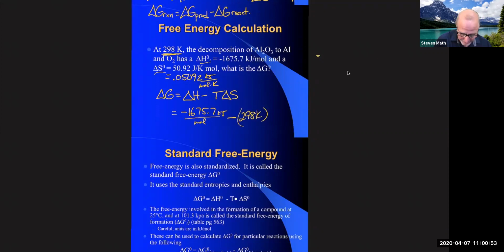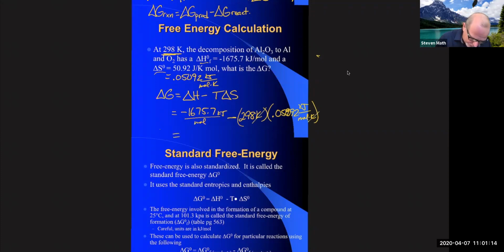These have to be in Kelvin. And S, which we just converted, 0.05092 kilojoules per mole Kelvin. And now we can see our Kelvins cancel out quite nicely.